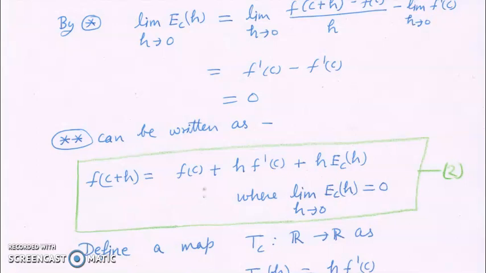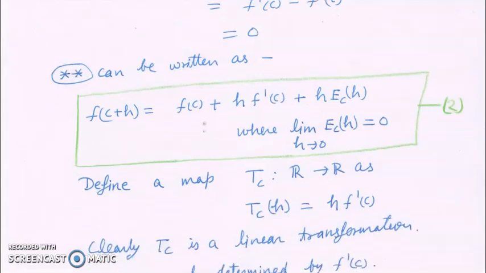Now introduce a map T_c from R to R as T_c(h) equals h times f dash c. This T_c is a linear transformation. If you consider R as a vector space over itself, then this T_c is a linear transformation. And this map T_c(h) is completely determined by this value f dash c. So for each coefficient f dash c, you will get a linear transformation.